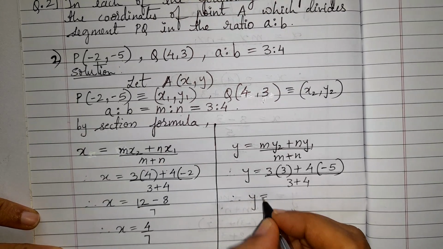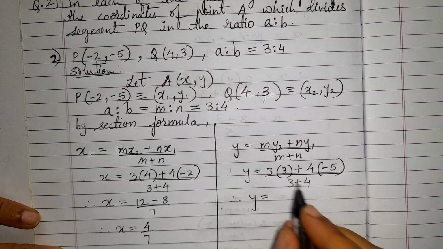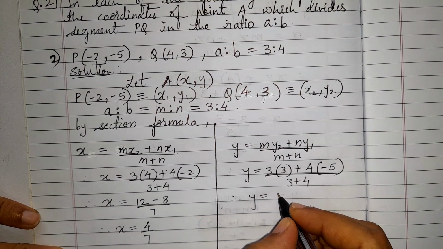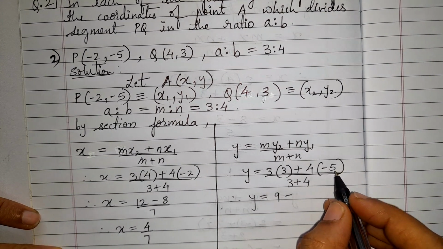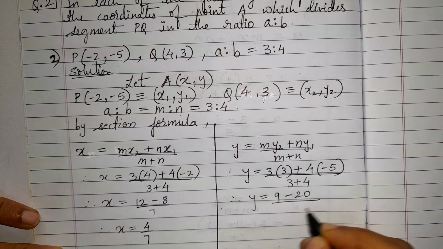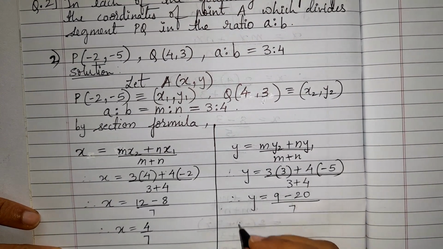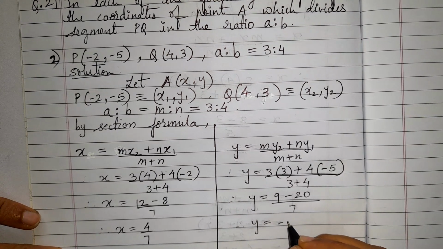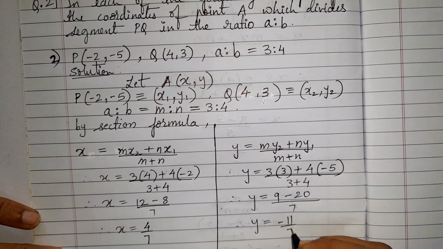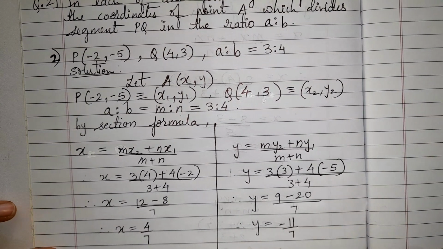Therefore, y equals to 3 3s are 9 plus into minus, minus 4 5s are 20 by 7. Therefore, y equals to -11 by 7. We put the negative sign.